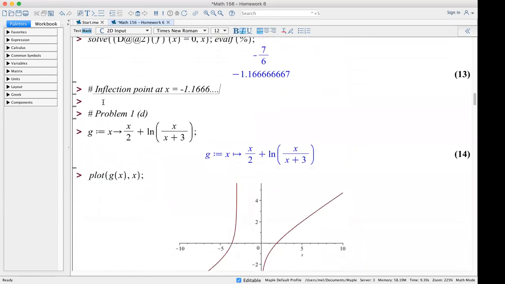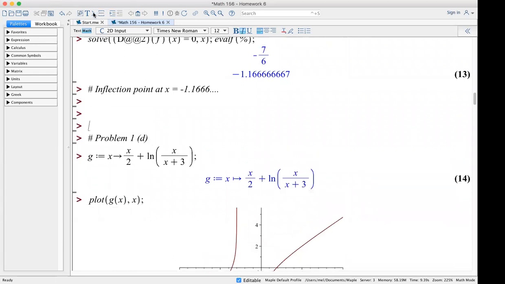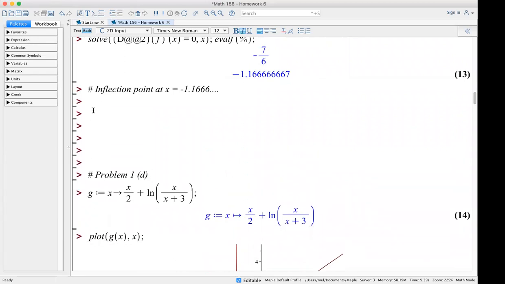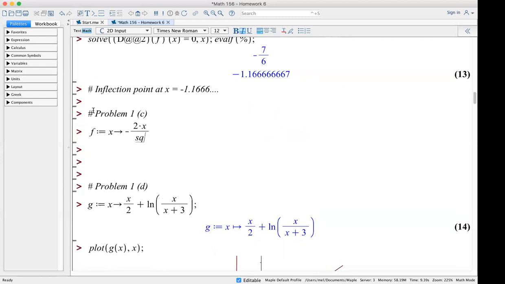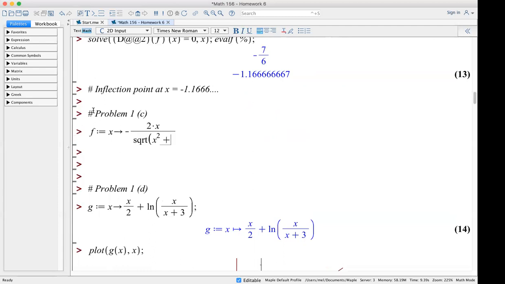Maybe just so I have them all here, I'll put in problem 1c. So problem 1c, we have the function x goes to minus 2x divided by the square root, that's the Maple command, of x squared plus 1.